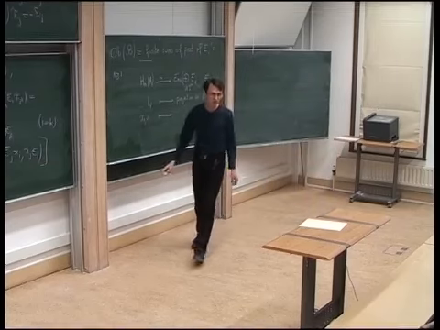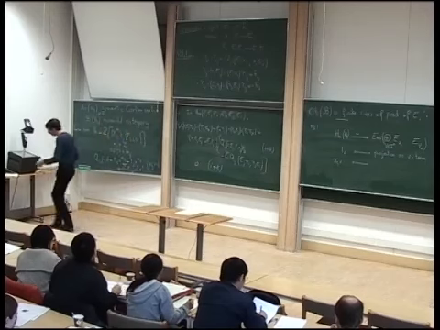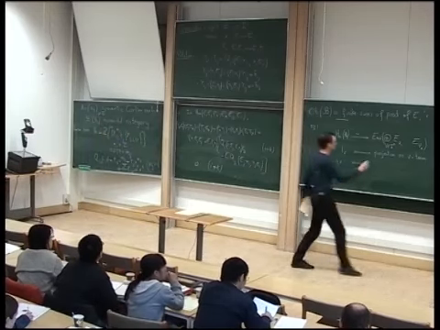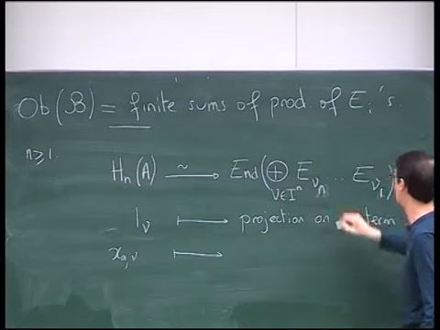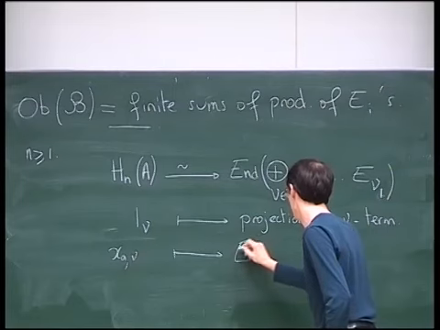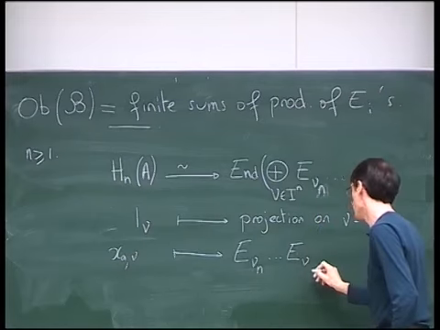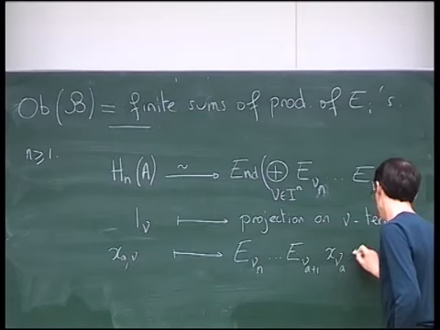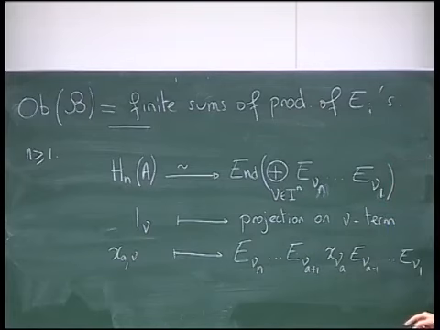I'm sorry, I should have parameterized things like this. It's going to make the next formula a little bit easier. So that's e_nu_n through e_nu_(a+1), x_nu_a, e_nu_(a-1) through e_nu_1.